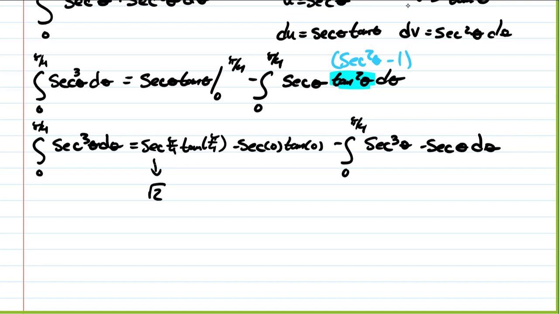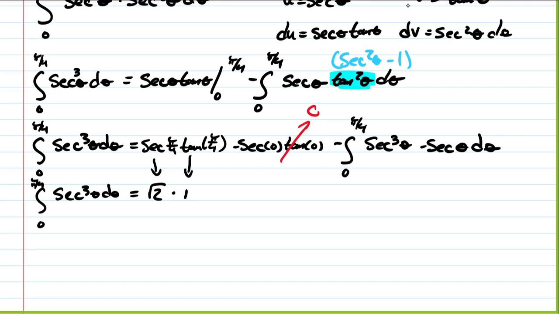It's going to be 1, times 1, and tangent of 0 is 0. Secant of 0 is 1. So 1 times 0 is 0, so that part goes away.